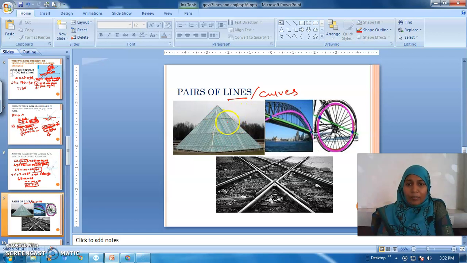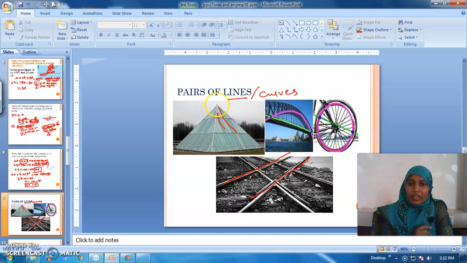They can either meet or they need not meet. Here in this railroad, this line and this line will not meet as long as this railroad is existing. Here also, these lines will not meet each other, isn't it?